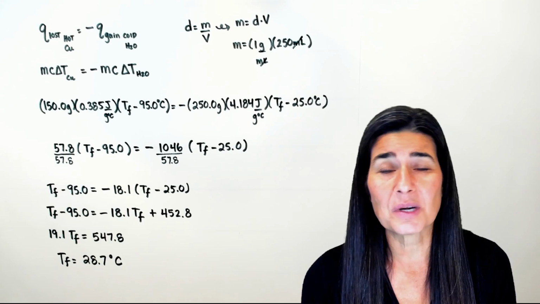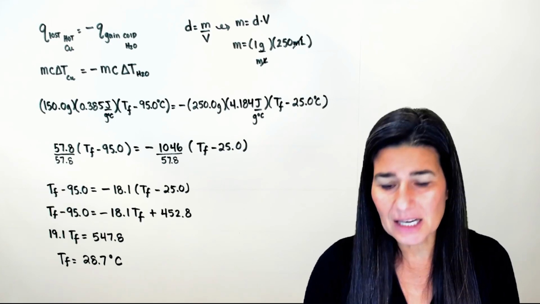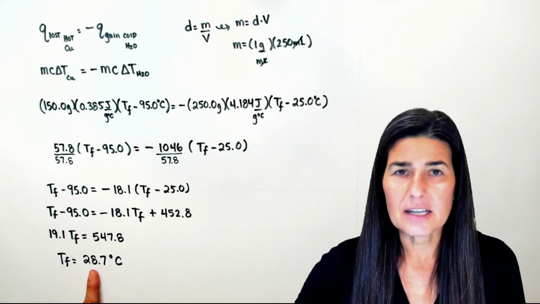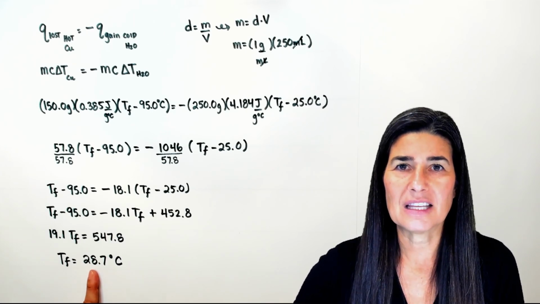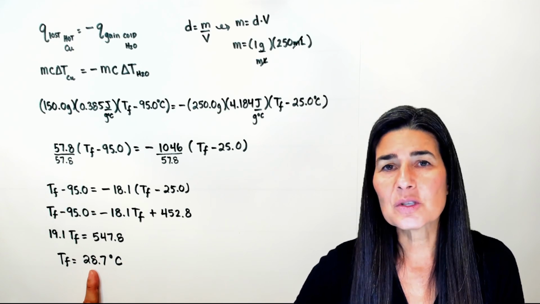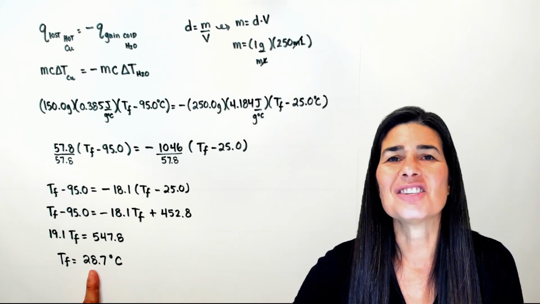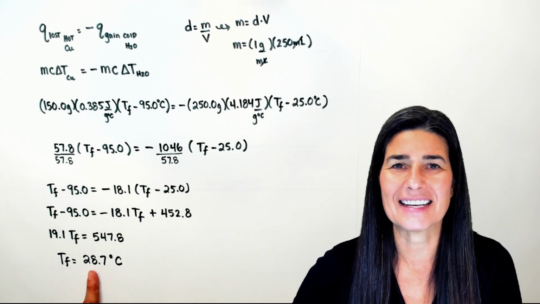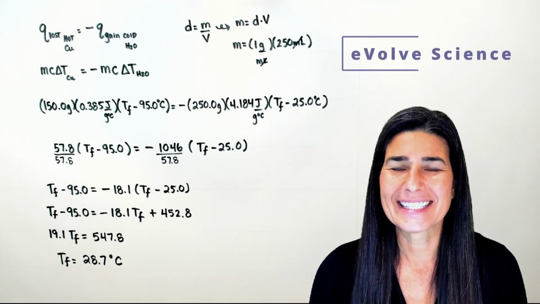The cold temperature is 25, the hot is 95, so it's going to be in the middle. And 28.7 degrees Celsius is definitely in between our two extreme temperatures. It's closer to the water because the water is not going to change temperature very much with its very high heat capacity. I hope that helps. Take care.